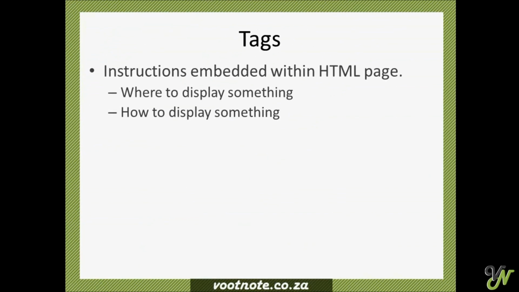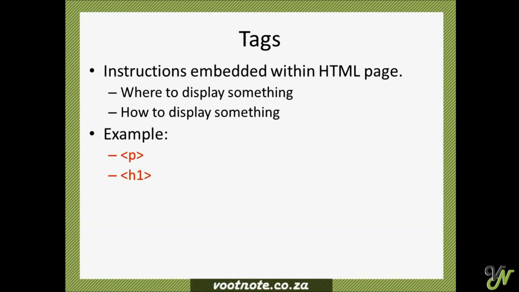Let's start by looking at tags. Tags are basically instructions that are embedded within an HTML page. The purpose of a tag is to tell the browser where to display something or how to display something. Examples of tags include the p tag.